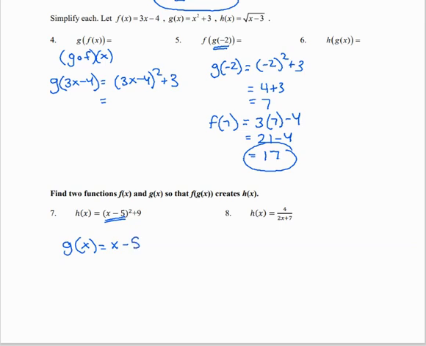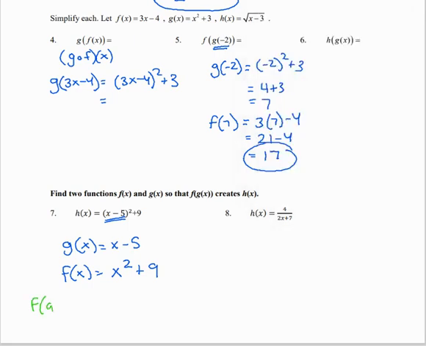If that's the case, then when I go find f of g of x, I'm going to take x minus 5 and plug it into wherever I saw an x. So that means that f of x would have just been x squared plus 9. Let me show you how that makes sense, and then I'll repeat it again. So now think about this.